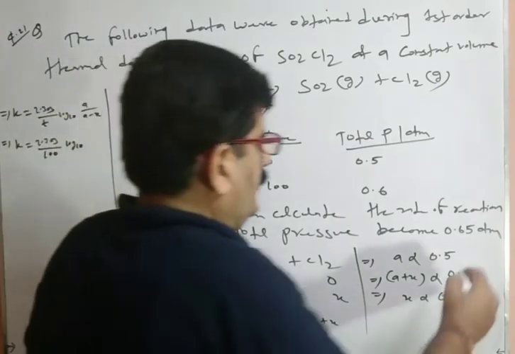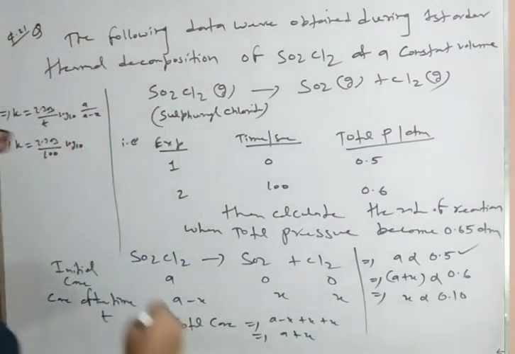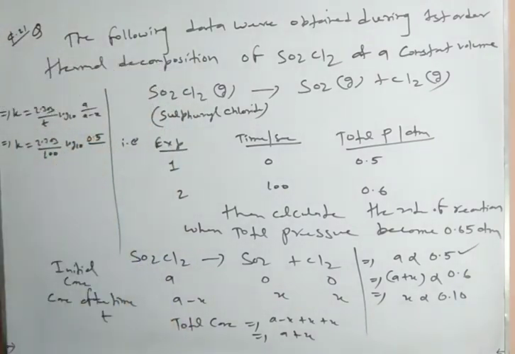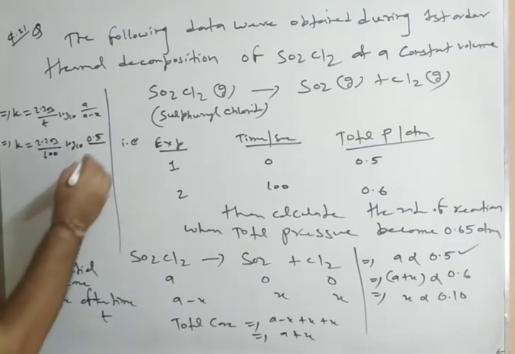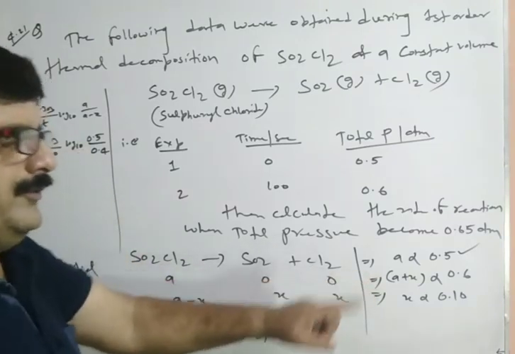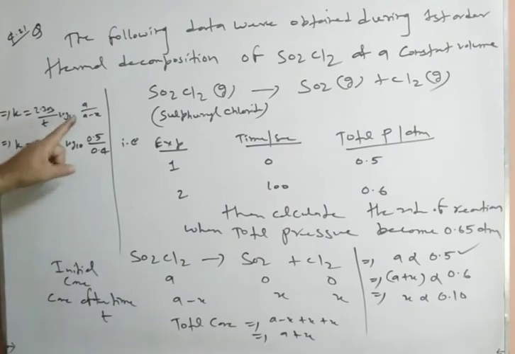Instead of a we can write 0.5. Here we can write 0.4. Why? Because a is 0.5, x is 0.10, therefore a minus x is 0.4.